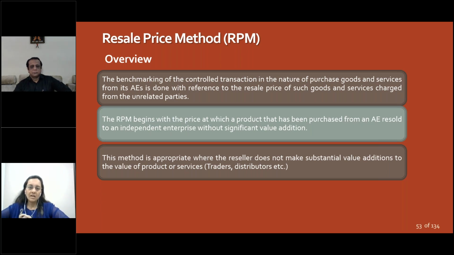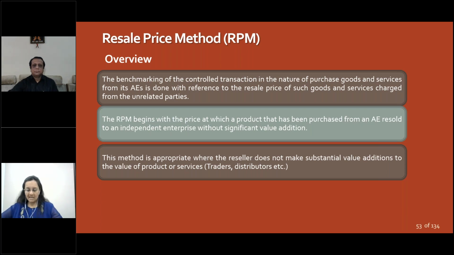RPM is used where the seller does not do substantial value addition, and CPM is used where the seller does substantial value addition. So in a way, RPM and CPM are the antithesis of each other. RPM is used by trading entities, CPM is used by service entities.